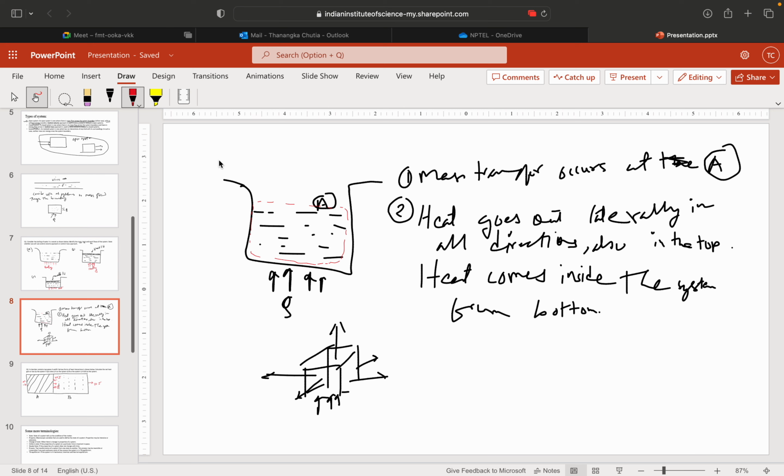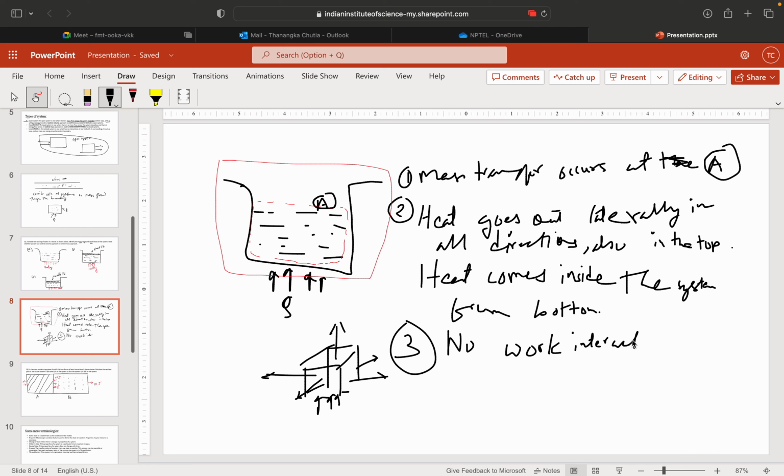But now I have given you the entire system, including this container. The container is not displaced, neither is the boundary, so there is no work interaction between system and surroundings. Okay, any doubt?